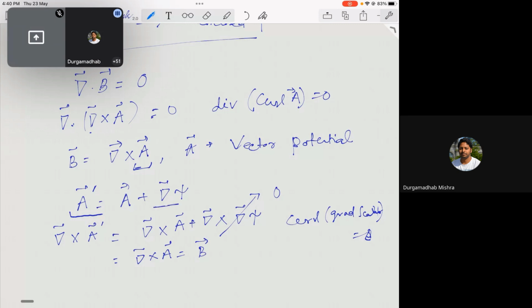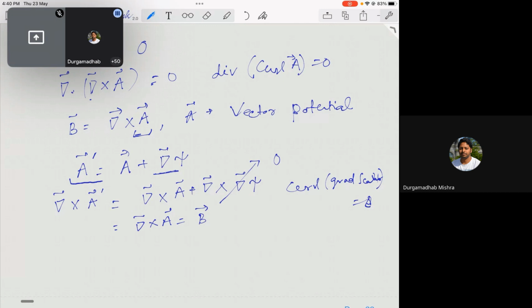If I just add the gradient of a scalar, I can produce the same magnetic field. So the vector potential is different, but the magnetic field that is produced is the same. This kind of situation is quite useful when we go into electrodynamics in the future.